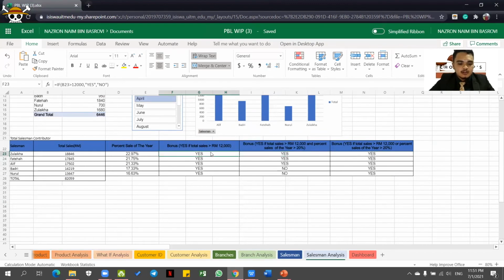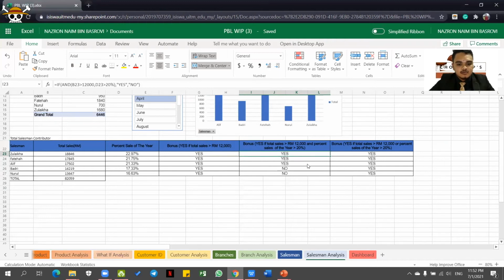IF is used to determine that the salesman is entitled to a bonus if their sales are more than 12,000 in a year. With IF AND, their sales must be more than 12,000 and their percentage of sales must be more than 20% to be entitled to a bonus.